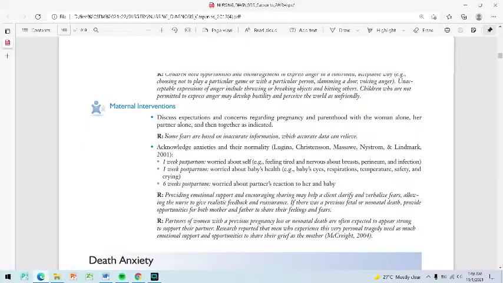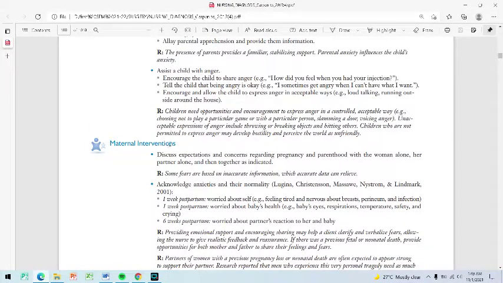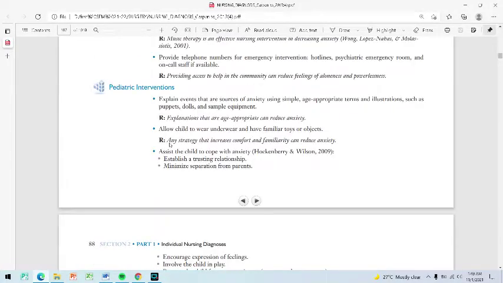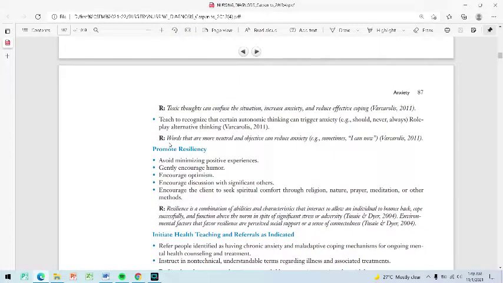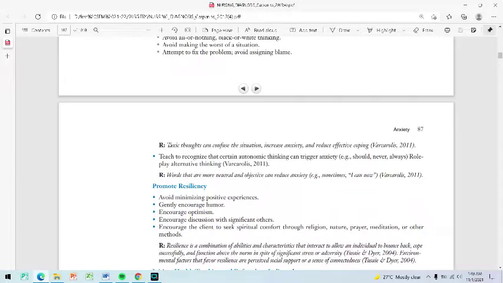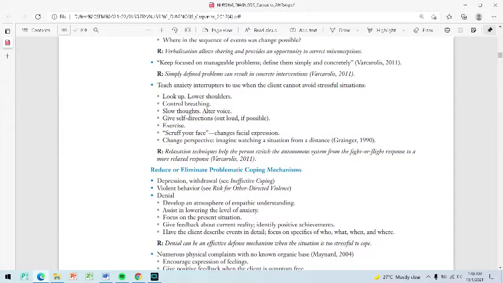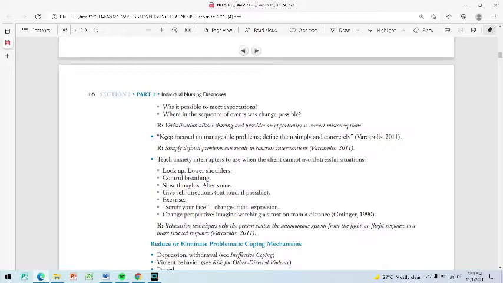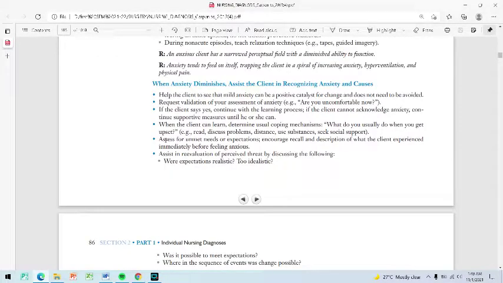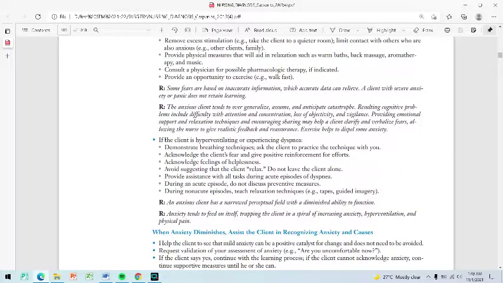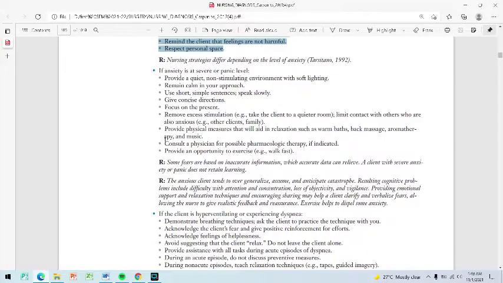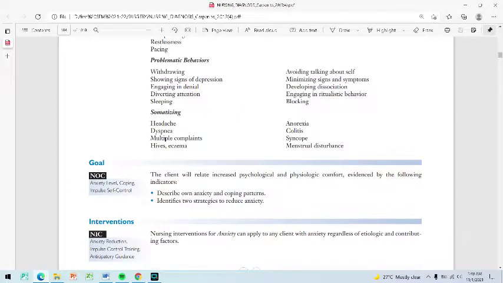But I'm looking for the dependent nursing function, about doctor's orders or providing any medication if there is medication available for anxiety. So, NANDA did not provide any dependent nursing function.